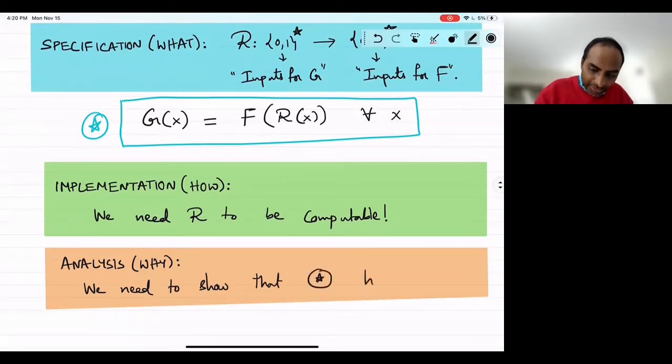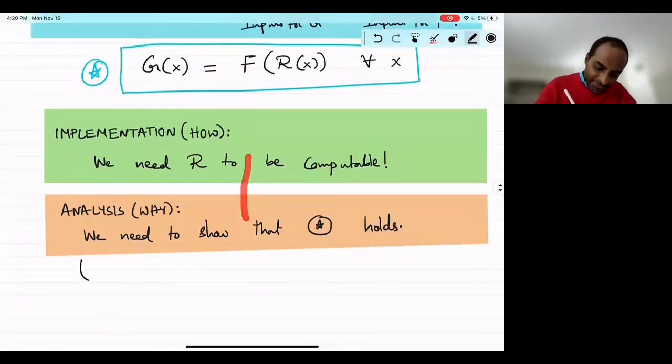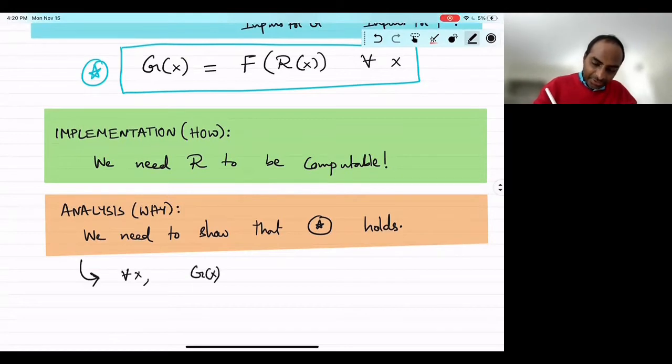In particular, we need to show that for all x, g of x equals f of r of x. Not f of x, but f of r of x.